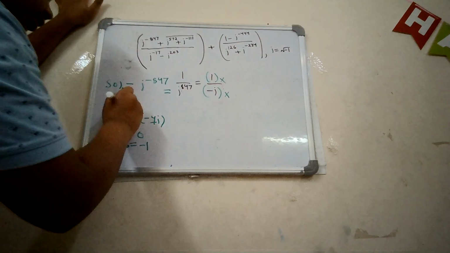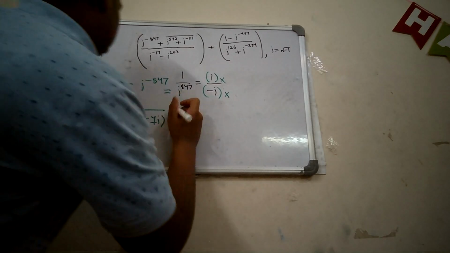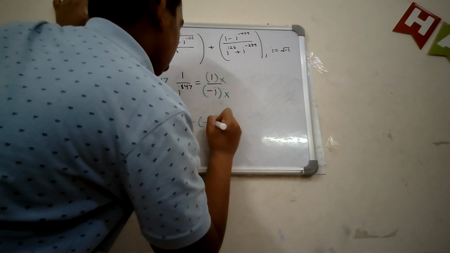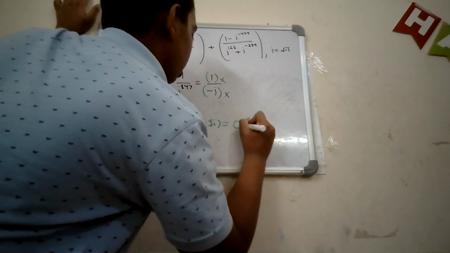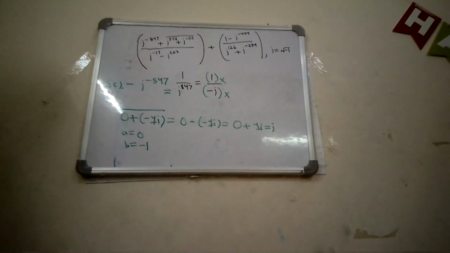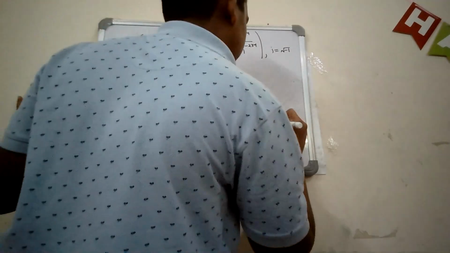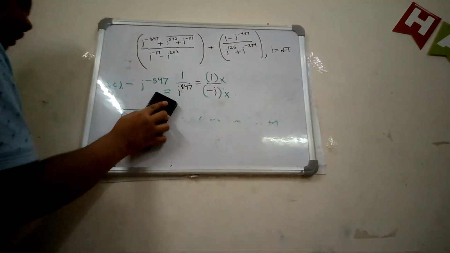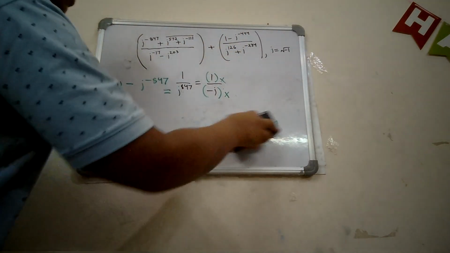So the conjugate will be 0 minus negative 1i, which is 0 plus 1i, which is simply i. So we're just going to multiply the numerator and the denominator by i.